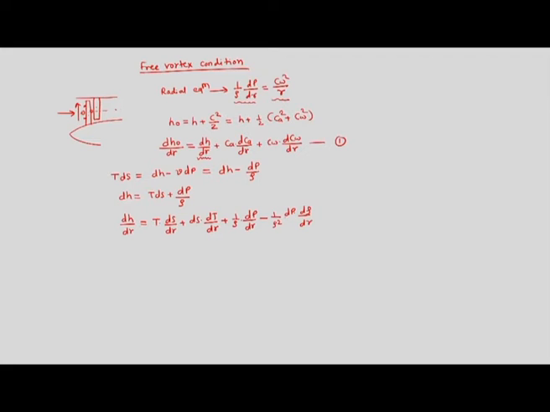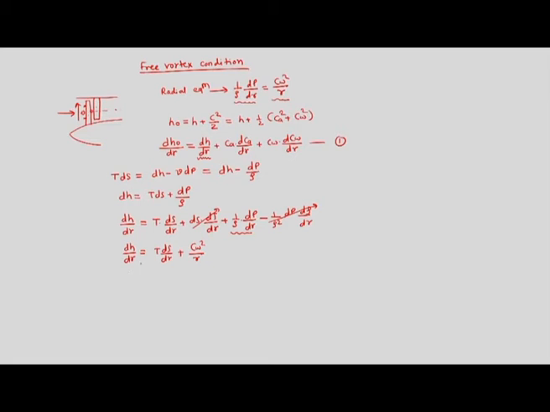This would be the term, but this term is second order, and further this term is also second order. For the sake of convenience, we will neglect them, their magnitudes being very small. So we get dH by dr is equal to T into dS by dr plus 1 upon rho dP by dr, but we know that 1 upon rho dP by dr is equal to Cw square by r.